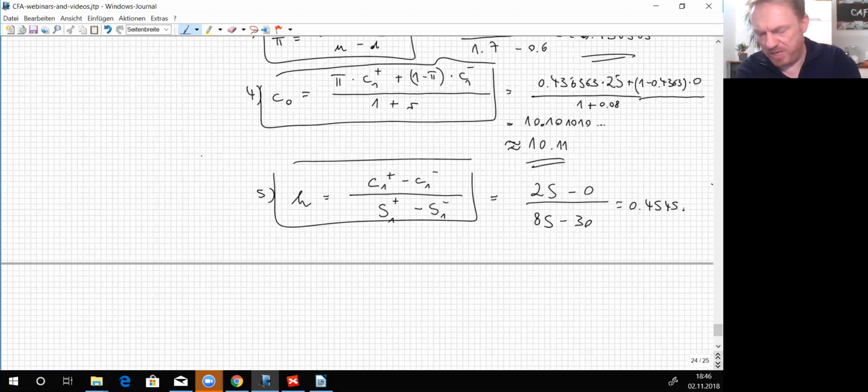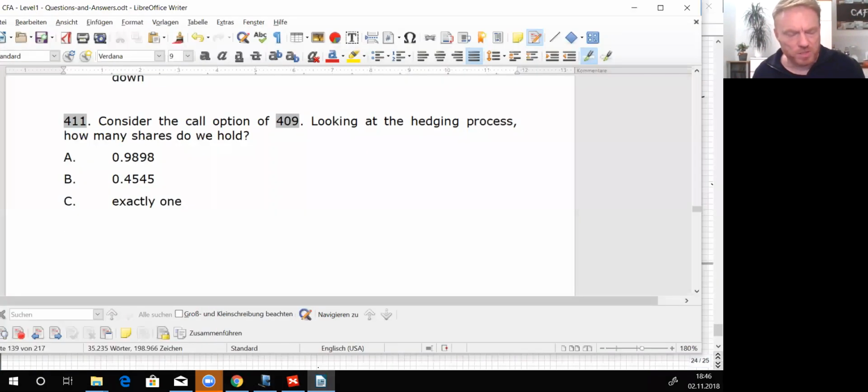So 0.45 is the right answer to the number of shares we're going to hold, so answer B would be the correct answer.